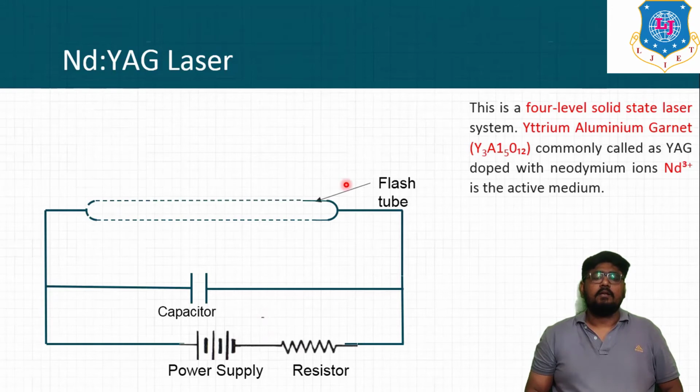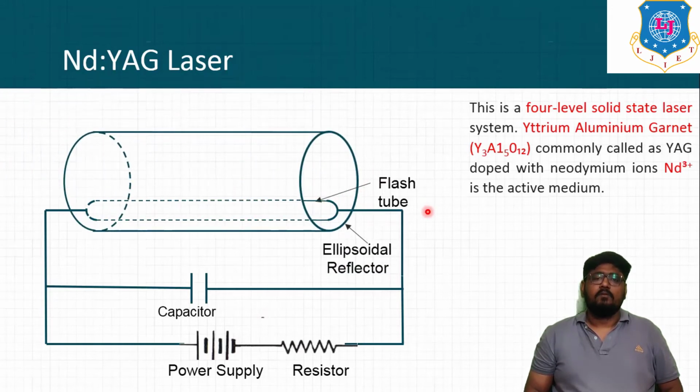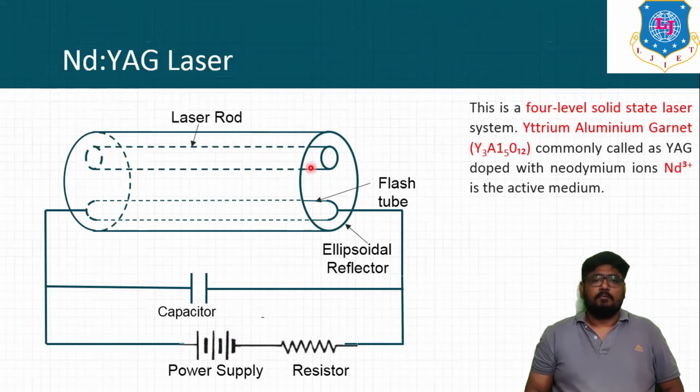Now, over here is an ellipsoidal reflector in which a xenon flash lamp and the laser rod are kept. This is a 4-level solid state laser, as I have told you earlier. Okay.